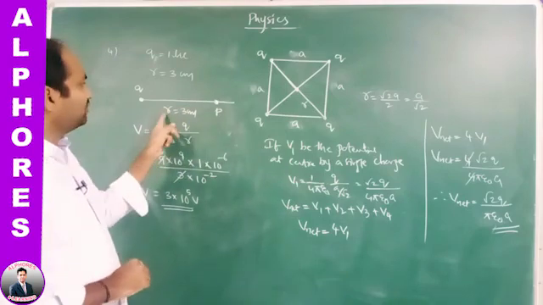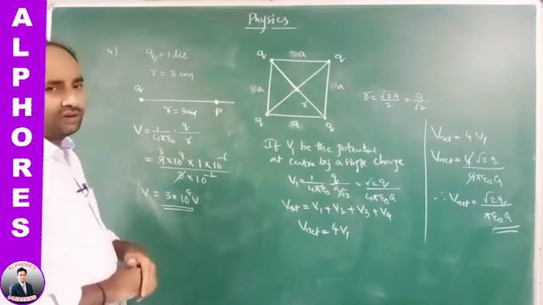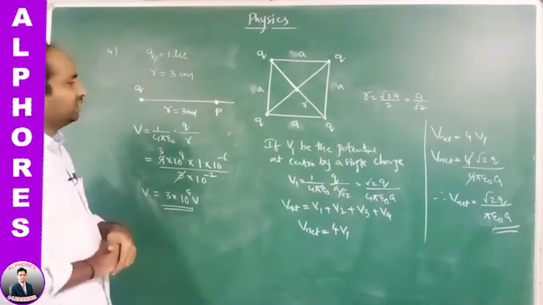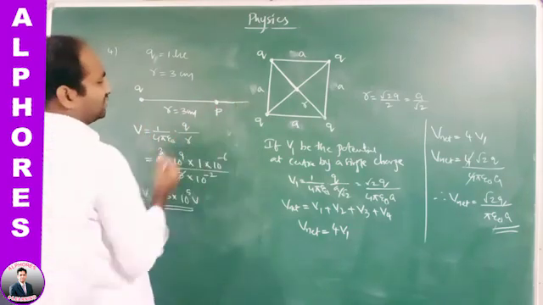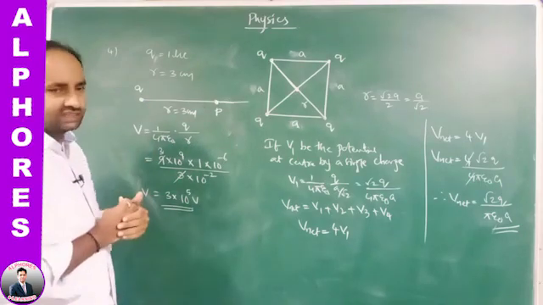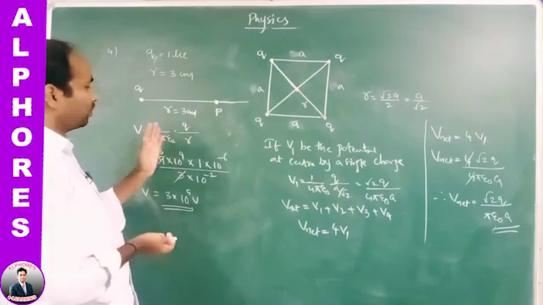Whenever we calculate the potential due to a point charge, when the distance increases, the potential value decreases. This is the expression for potential due to a point charge.